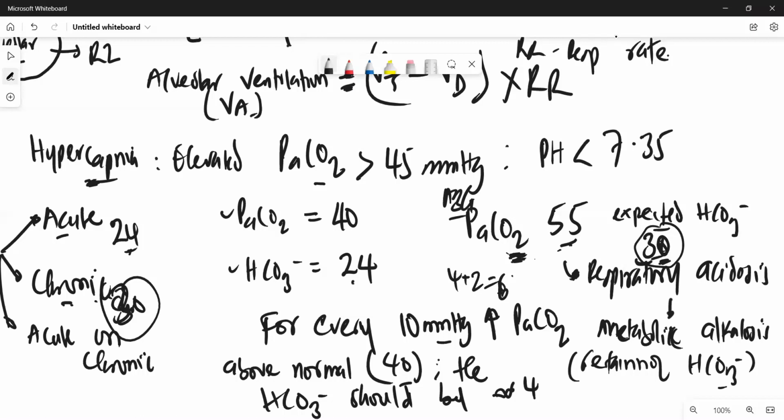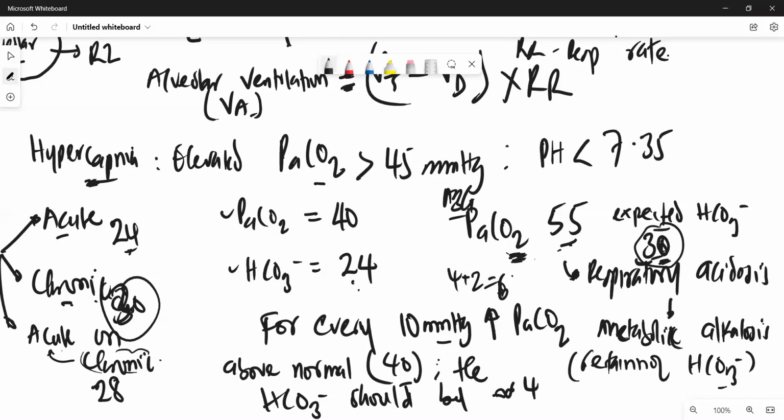So if I look at the bicarb and it's maybe in between, let's say 28, so it's not 24 and it's not 30, it's kind of in between. So this could be acute on chronic hypercapnic respiratory failure. They already compensated for the chronic one, but they are yet to compensate for the acute event that just occurred.